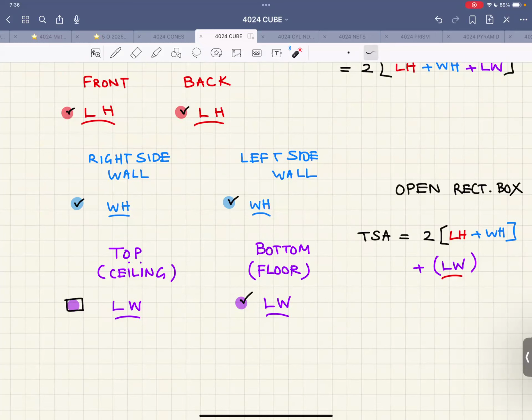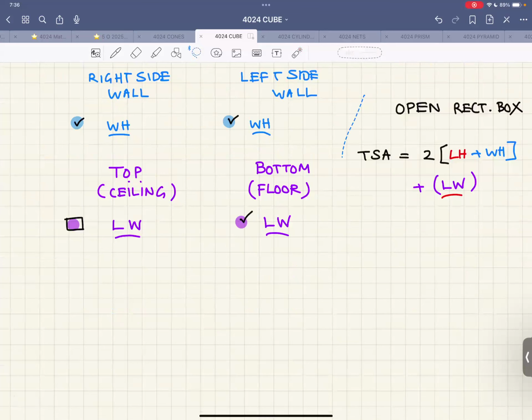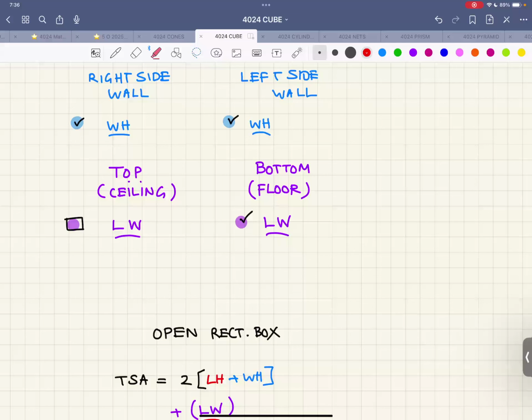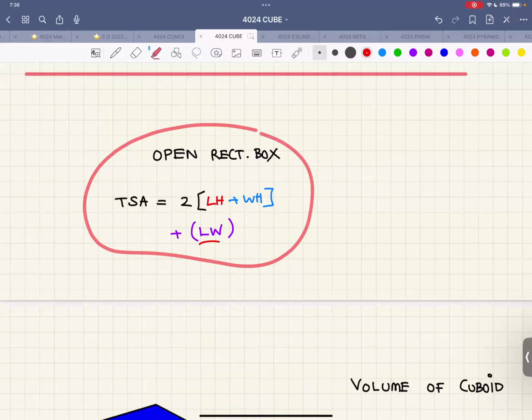Now, if it's an open rectangular box, so I think I wrote too many things in one place. Let me just take this down. So first of all, let me stop over here and let me focus over here.